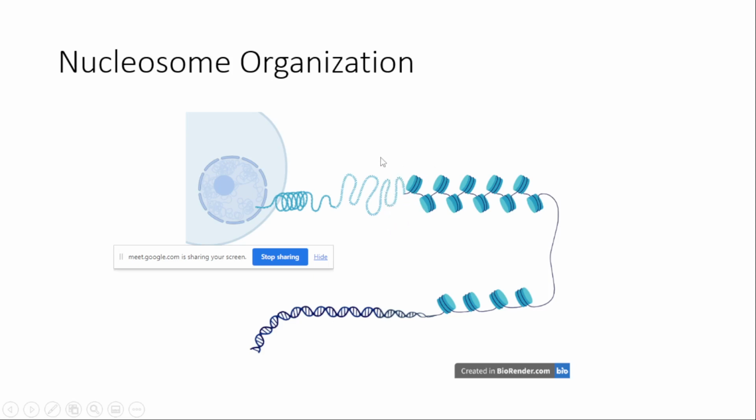That's why it is also known as the bead string model: if you wrap a string around a bead, the same thing is created here. The DNA is wrapped around the histone, and this DNA plus histone structure is known as the nucleosome, and that is the first level of compaction of the DNA.